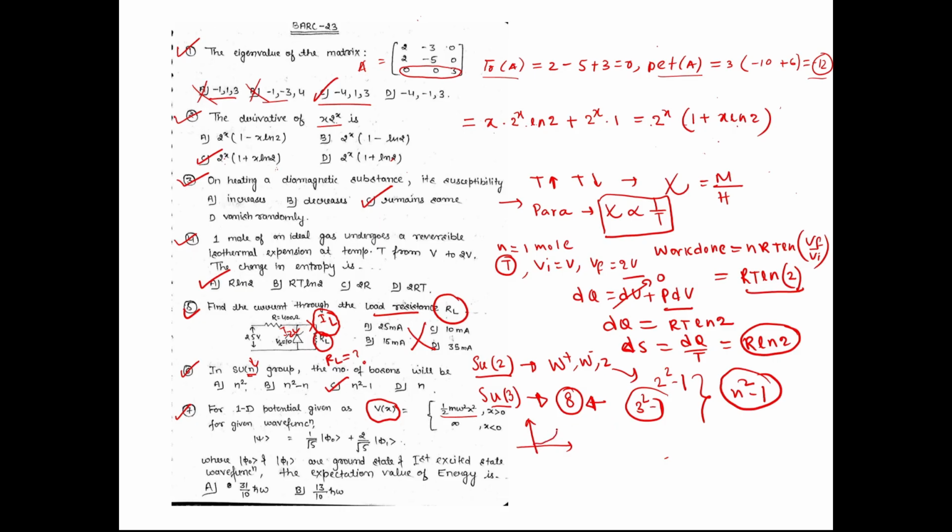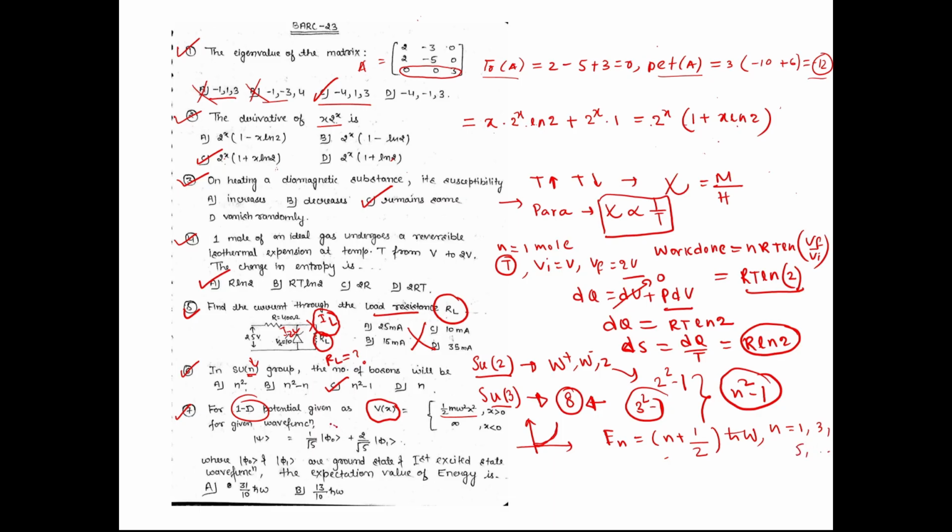For the half harmonic oscillator, the energy value is given as (n plus 1 by 2) h cross omega, for odd n equals 1, 3, 5 and so on.